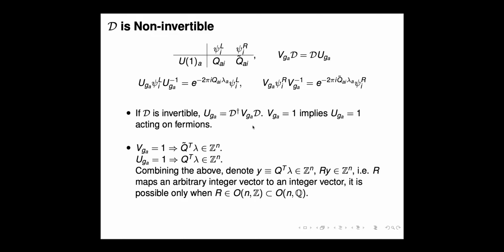But in general, when R contains fractional coefficients, what I showed here is that D must be non-invertible. So I proved that D must be non-invertible when D satisfies this intertwining equation and the corresponding R matrix contains fractions.